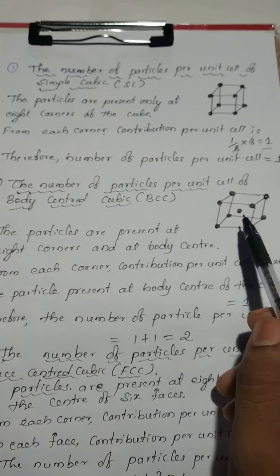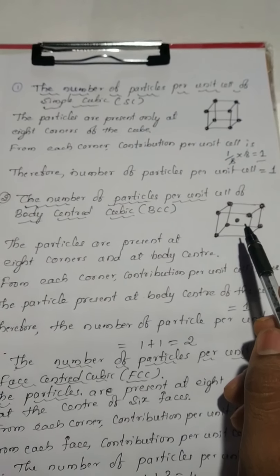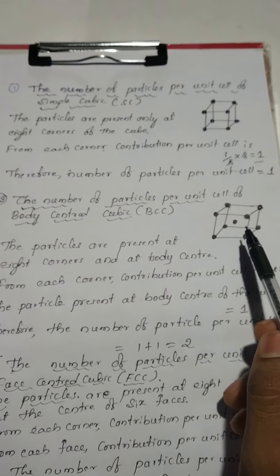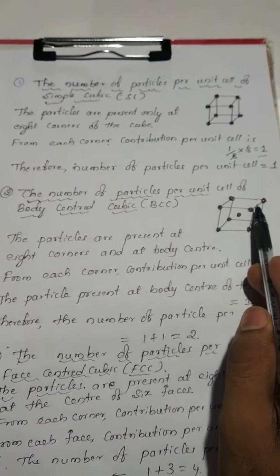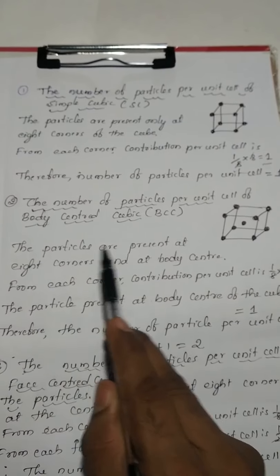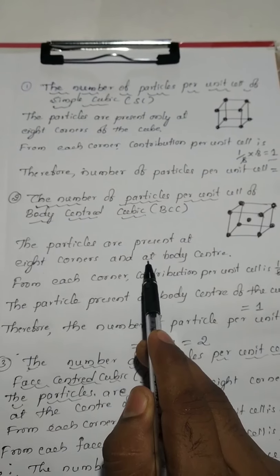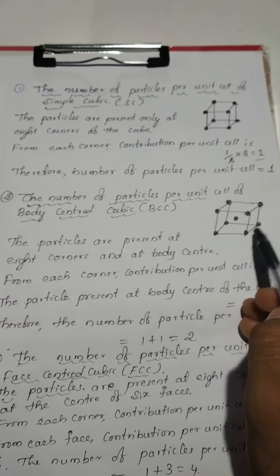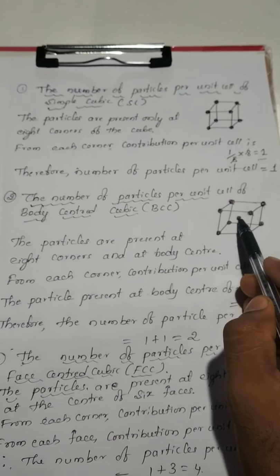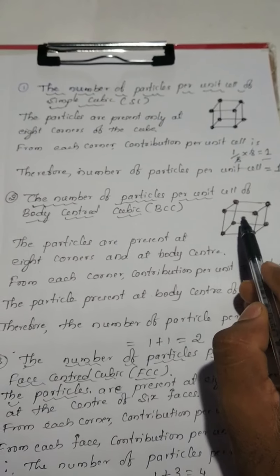Already I said BCC means one more particle is present at the body center, in addition to the corner particles. According to the definition, the particles are present at the 8 corners and one at the body center, the center of the body.